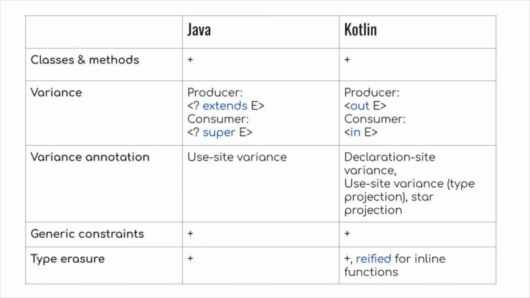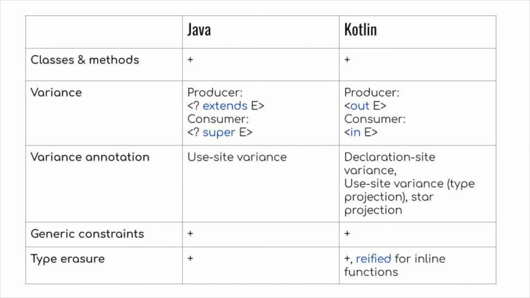So let's try to make some conclusions for the things we've learned today. Generics exist for classes and methods, both in Java and Kotlin. You can describe wider types in your program by using so-called wildcard types. So you can use type variance.